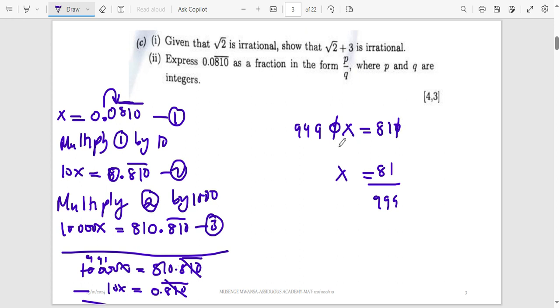Now I just want you to check if you have any number that can go into your two numbers without leaving any remainder, so that you express it in the simplest form. In the simplest form, this number will be 3 over 37. So x is going to be 3 over 37.